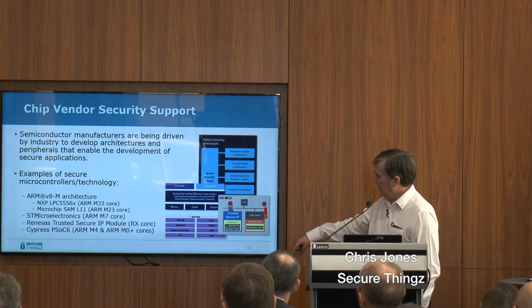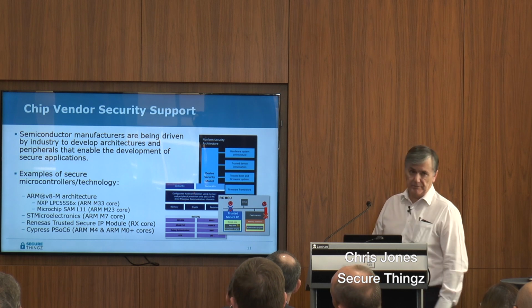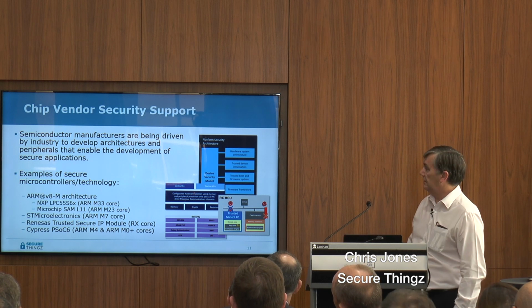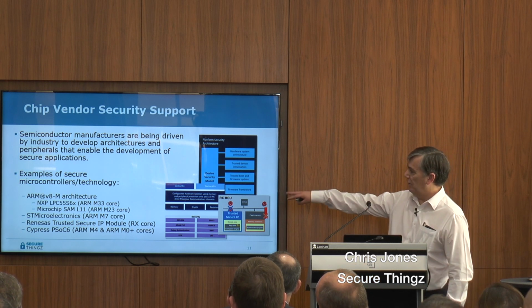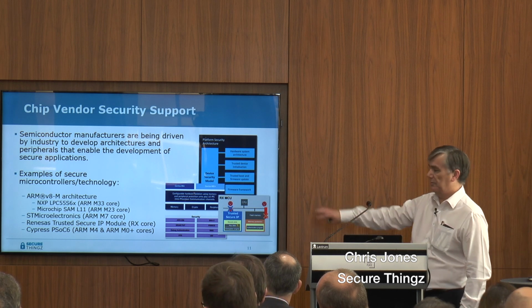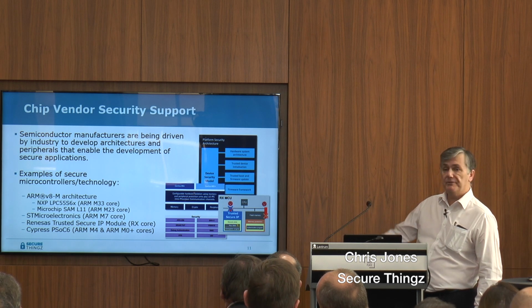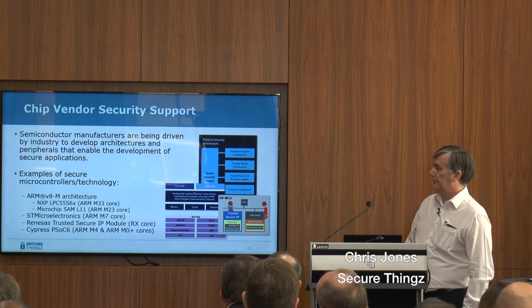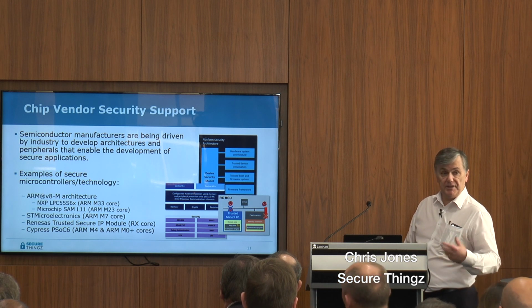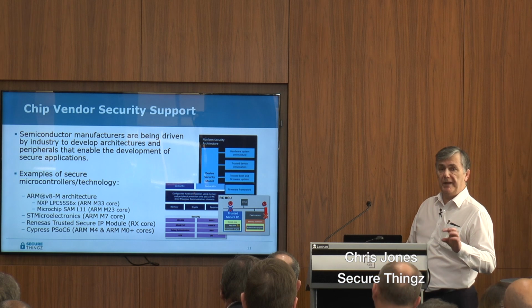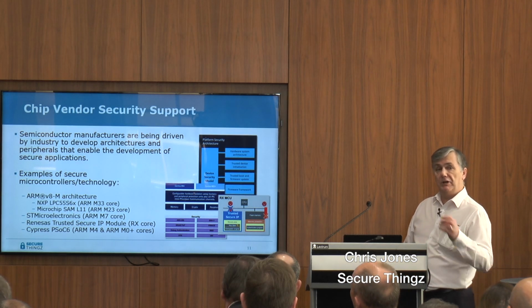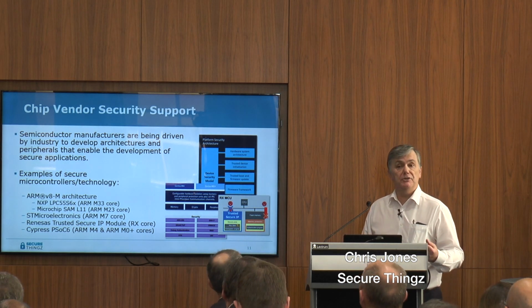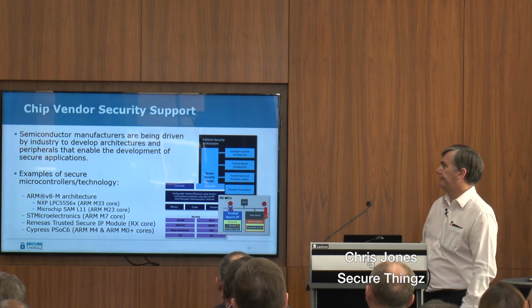These are some other secure enclaves and security type accelerators available in some of the semiconductor devices today. Some are more sophisticated than others, but the great thing is that the semiconductor industry is seeing the importance of security and are starting to embed it in the bare metal. And the closer we can get to the bare metal of implementing security features, the better.